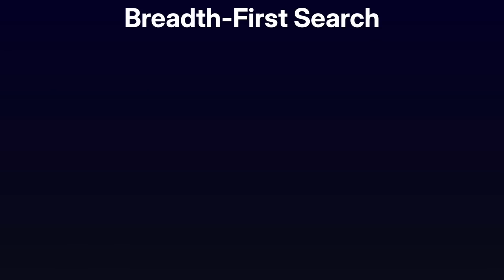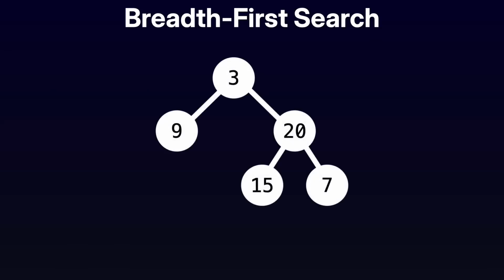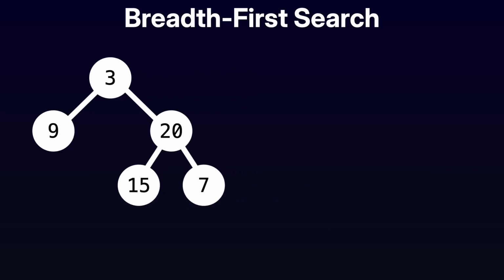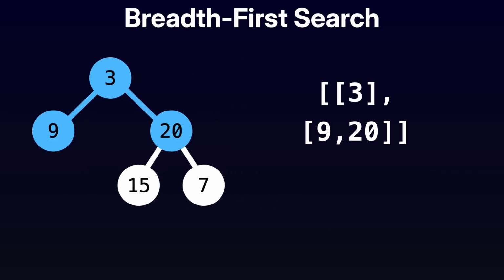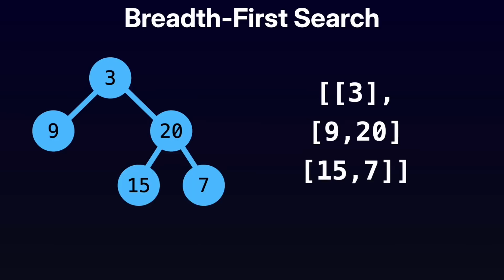For example, given a tree with the root node 3 and children 9 and 20, where 20 has children 15 and 7, we need to return the values of the nodes level by level in the following order. First 3, then 9, 20, and finally 15, 7.